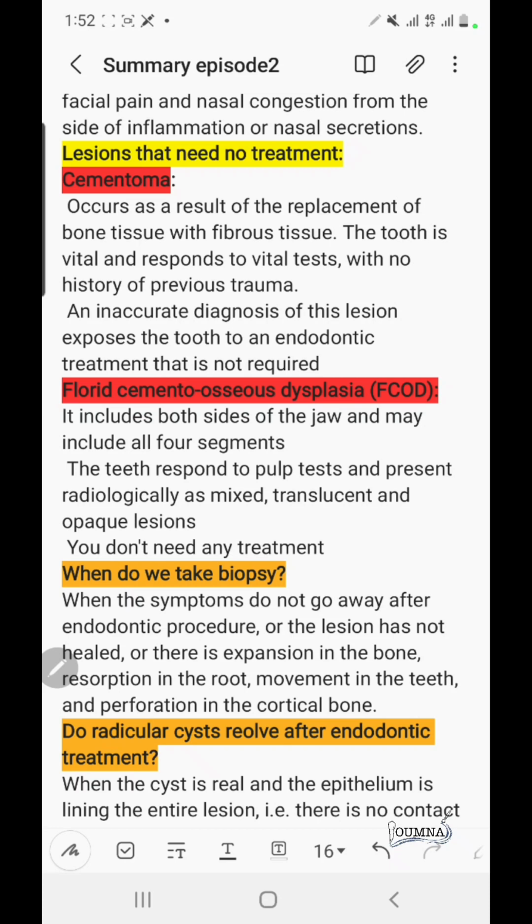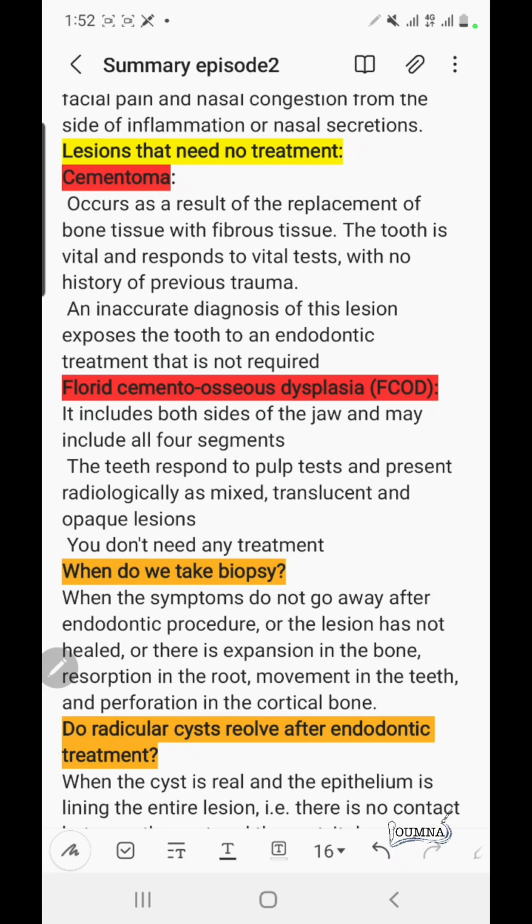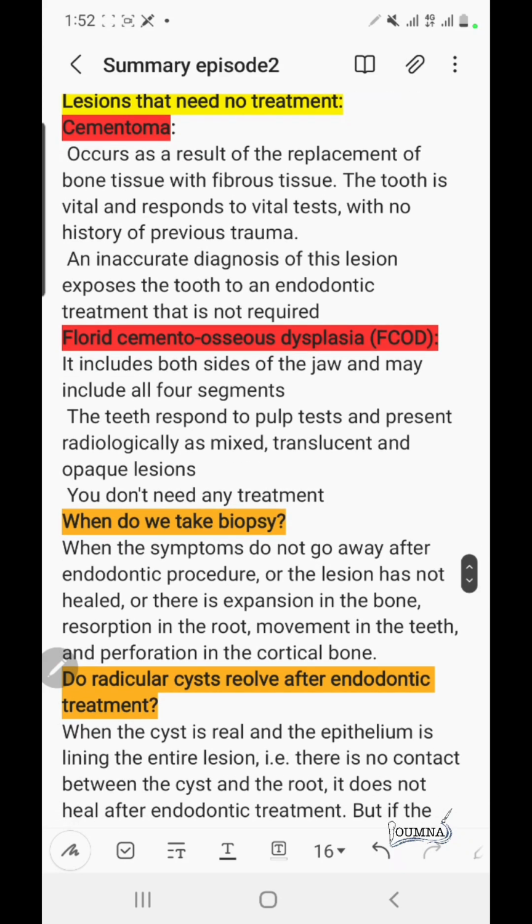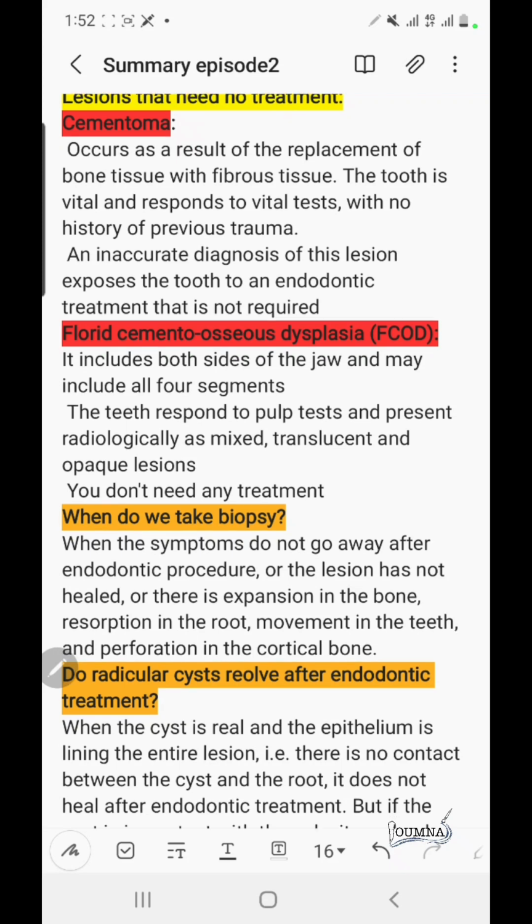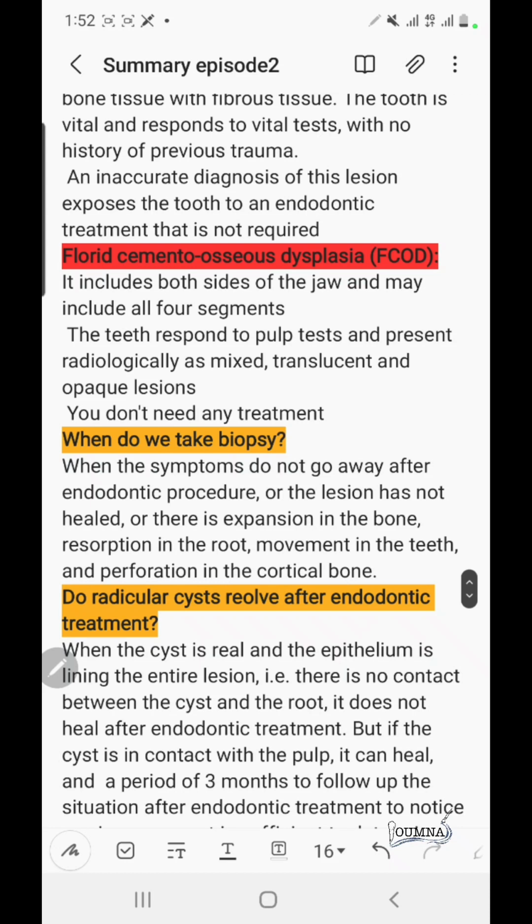Lesions that need no treatment: cementoma occurs as a result of the replacement of bone tissue with fibrous tissue. The tooth is vital and responds to vital tests, with no history of previous trauma. An inaccurate diagnosis of the lesion exposed the tooth to an endodontic treatment that is not required.